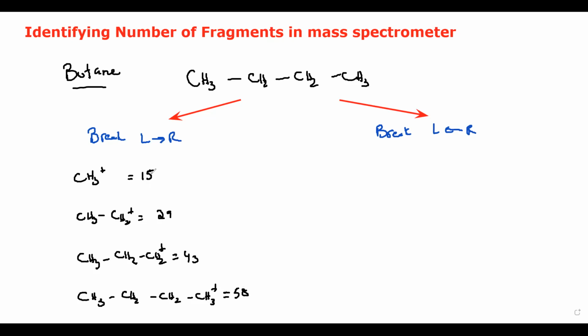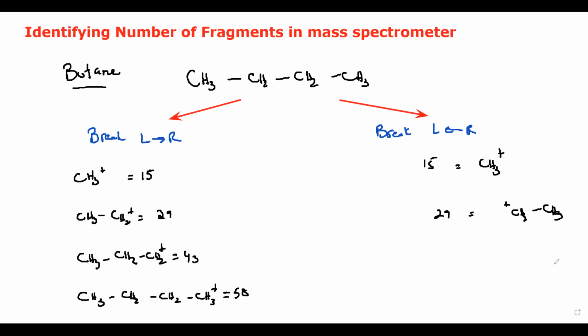So these are the peaks if we break from left to right. And if we break from right to left, what will the peaks be? This will be CH3, 15. Then it might be CH3 CH2, so 29.